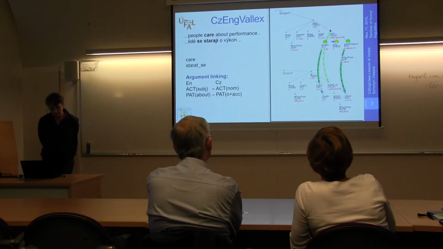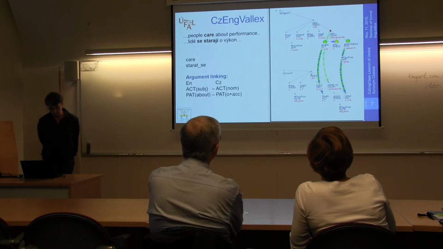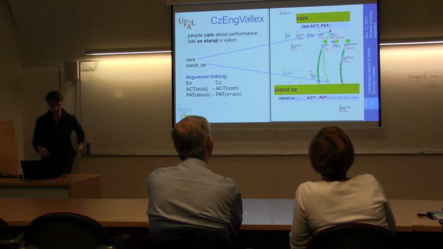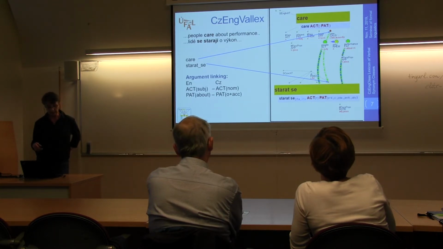Those arrows link not only the individual translational counterparts, the English verb to care and the Czech verb starat se, but also their valency arguments. On the English side it's actor, on the Czech side it's actor, patient on English and patient on Czech. And then in CzEngValex, those verbs and their valency frame arguments are connected.